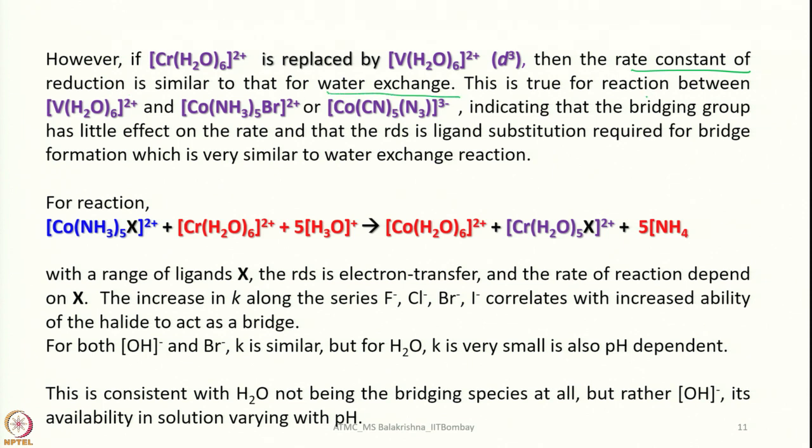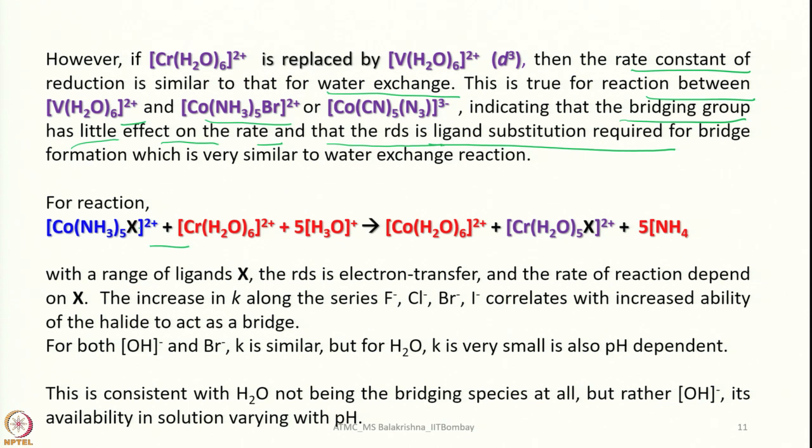This is true for the reaction between hexa-aqua vanadium 2 plus and pentaamminebromocobalt 2 plus or pentacyanoazidocobalt 3 minus, indicating that the bridging group has little effect on the rate and that the rate determining step is the ligand substitution required for bridge formation, which is very similar to the water exchange reaction.